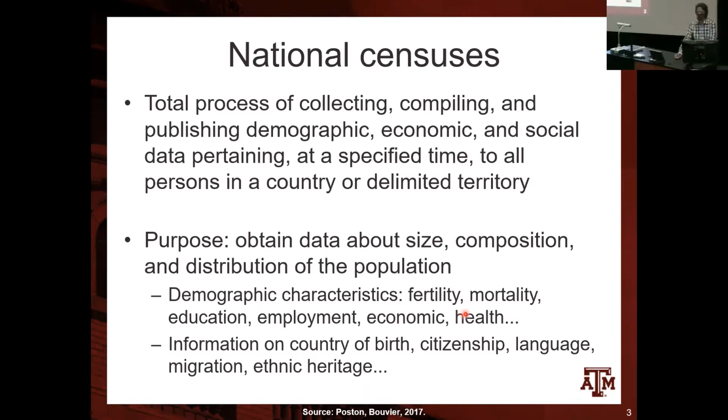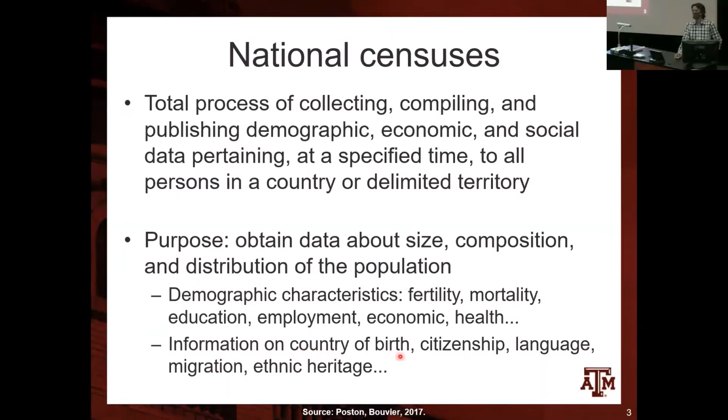And we can also ask information about health habits, about whether people have some sort of disability, whether people have health insurance. So all this information can be collected in censuses. And we also can collect information related to migration.